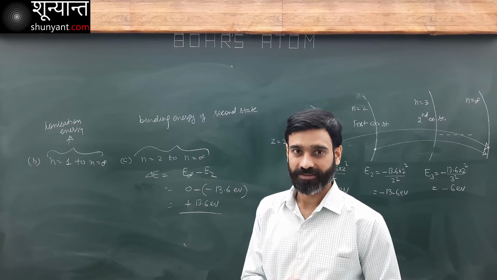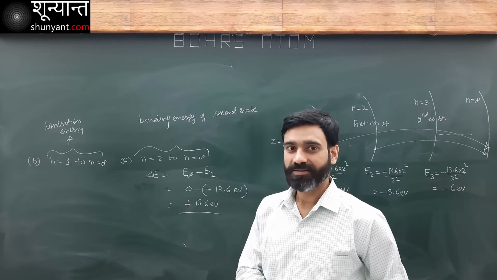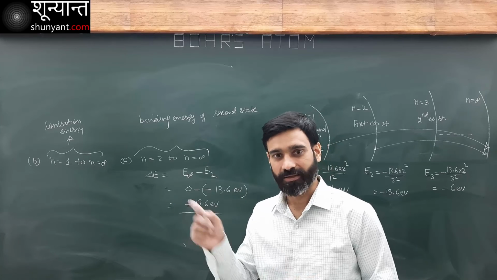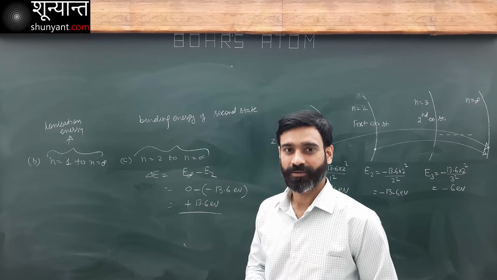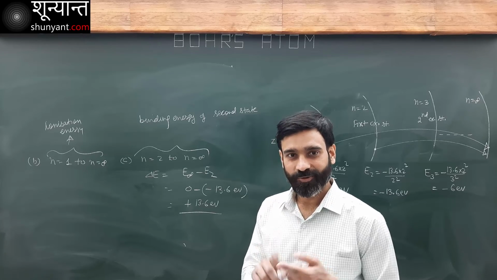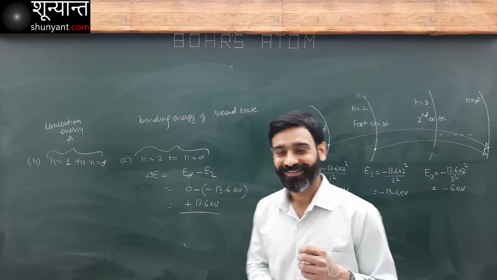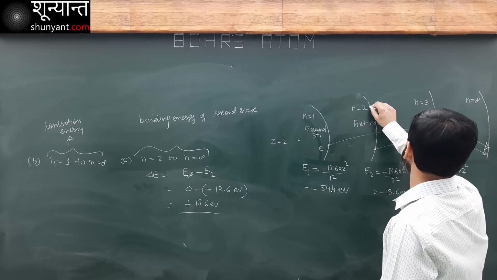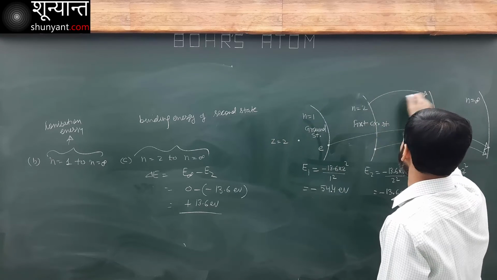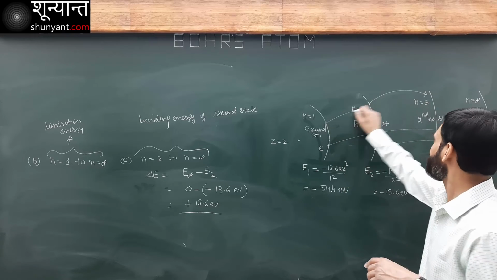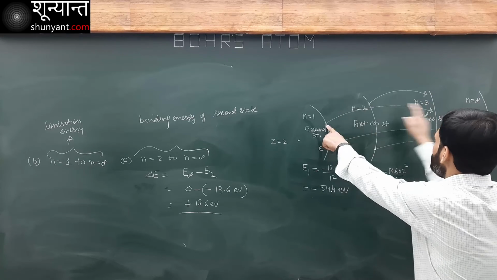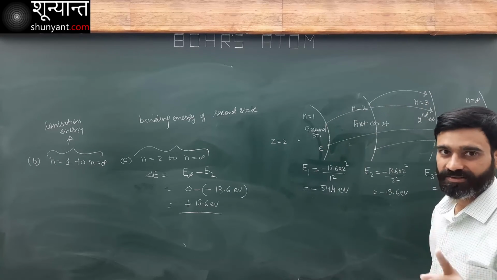Excitation, again, let's revise things: excitation is from ground to any other state. What about any other to any other? For example, from this state to this state, what do I call it? This is not excitation. Excitation is from ground to this. This is excitation energy.